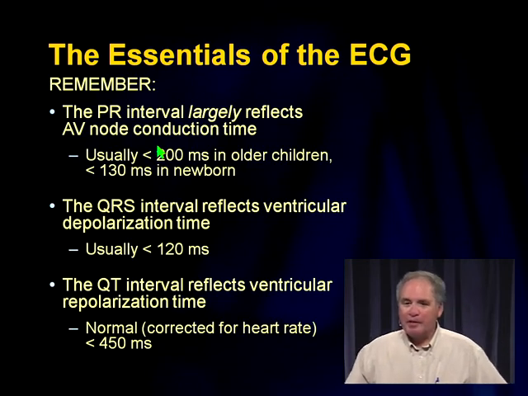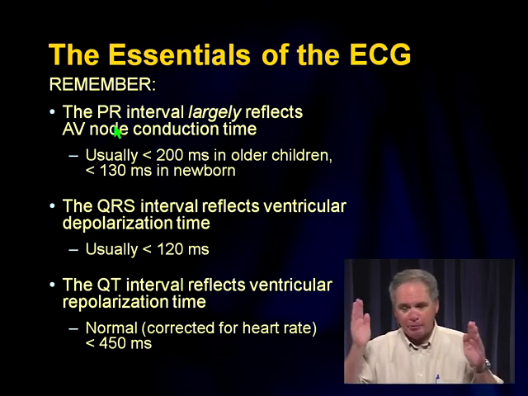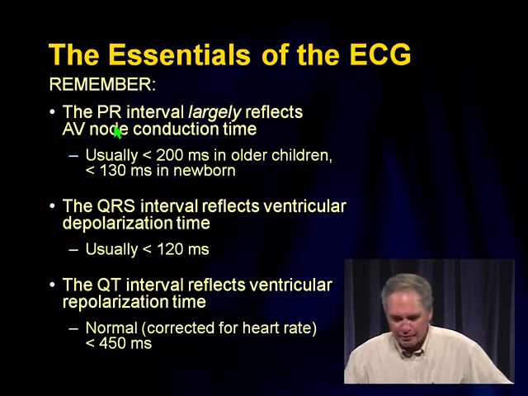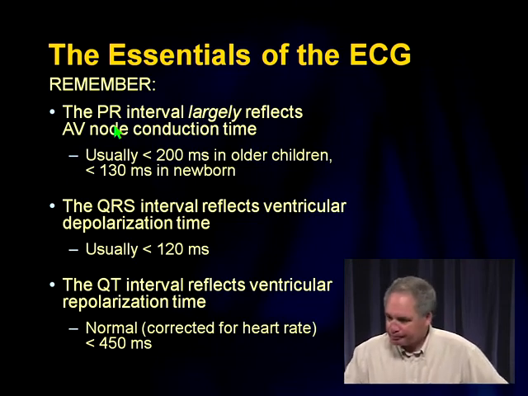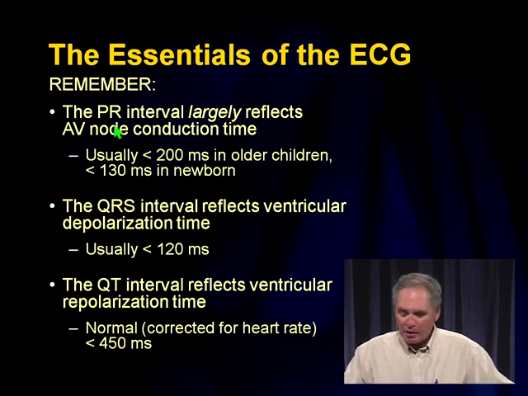And some of the intervals that we look at on the pediatric electrocardiogram in general: the PR interval, the distance between the onset of the P wave and the QRS, largely represents AV nodal conduction time, just to refresh your memories, and there are some normal values there for you to enjoy. The duration of the QRS complex reflects ventricular depolarization time.